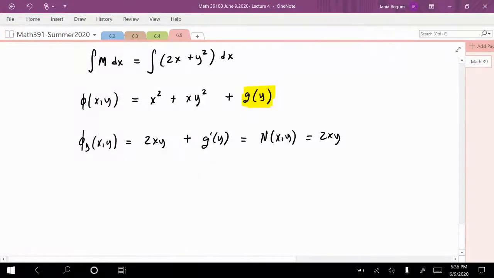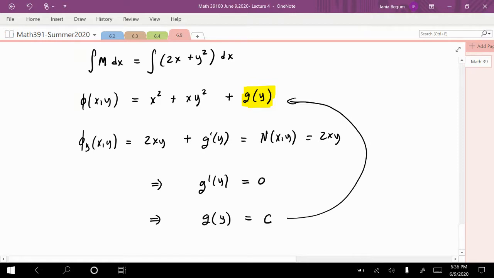So I'm going to subtract 2xy. Then we have the following: g prime of y is equal to 0. Well, then what is g? How do we get g from here? You integrate on both sides. If we integrate, we get c. So this function g that we just computed is nothing other than a constant.